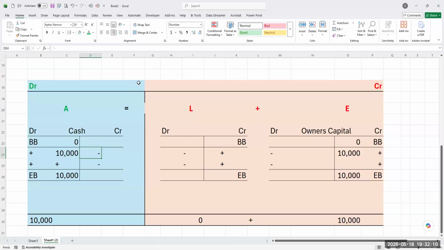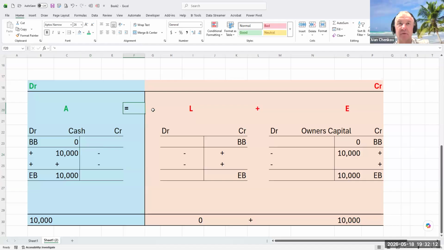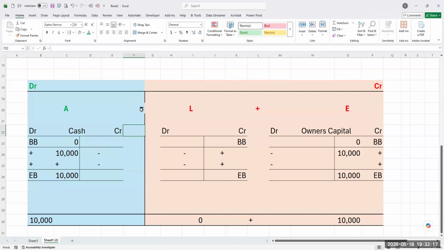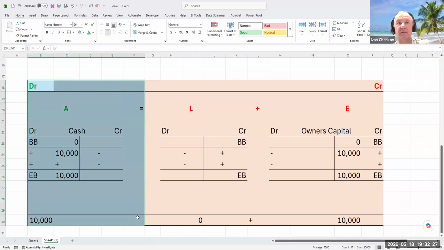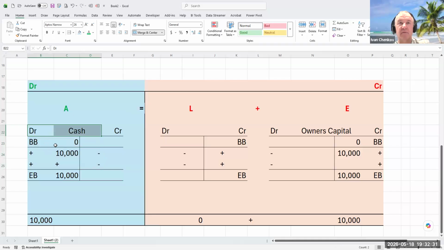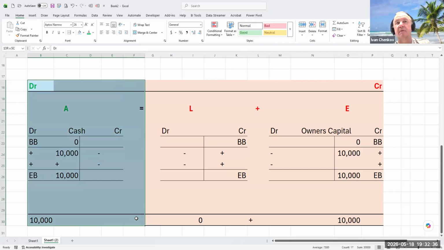The logic is if we draw the line where the equal sign is and make it look like a T account, everything that stays on the left side, since the left side on the T account is debit, in the big picture, on the accounting equation, the left side is the asset, and stays on the debit side.